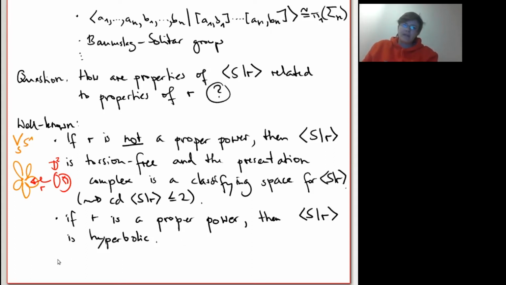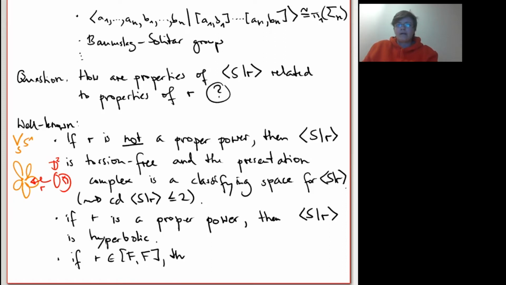Then maybe another thing, if you're thinking more in terms of geometric group theory, the complementary class, so to say, of hyperbolic groups are amenable groups. So you could wonder, when are these one-relator groups amenable? Let's just focus on the case that the relator is in the commutator subgroup.